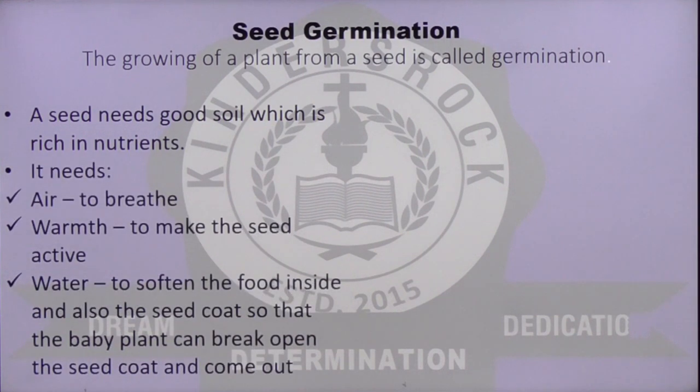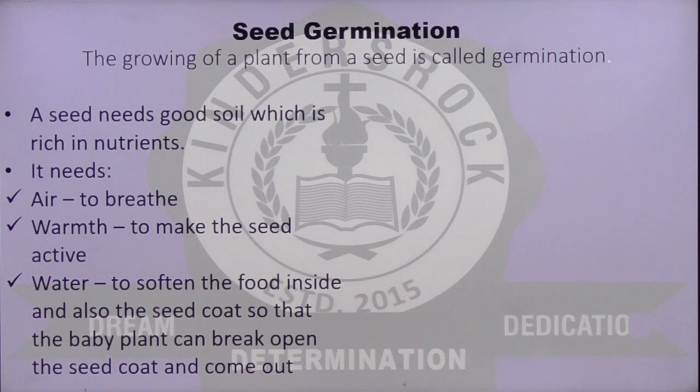It needs air to breathe, warmth to make the seed active, water to soften the food inside and also the seed coat so that the baby plant can break open the seed coat and come out. Unless the seed coat is softened by the water, the baby plant will never be able to break open the seed coat and come out.